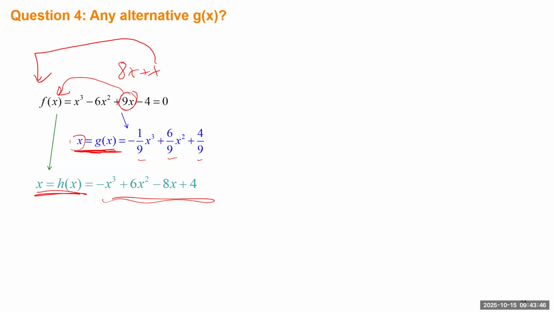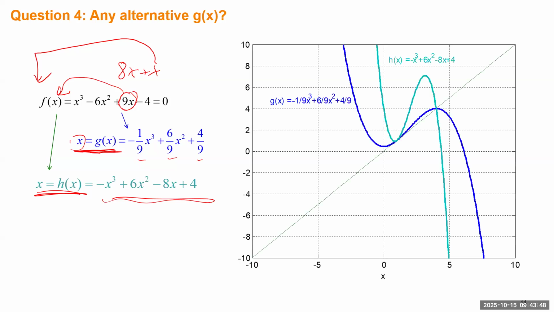Let's see what happened. The blue curve is the original one we used, and this green curve is the new alternative formula. It's still third order nonlinear. But you see the shape of the curve has become narrow. It's like it's pushed from both sides to make it shrink.